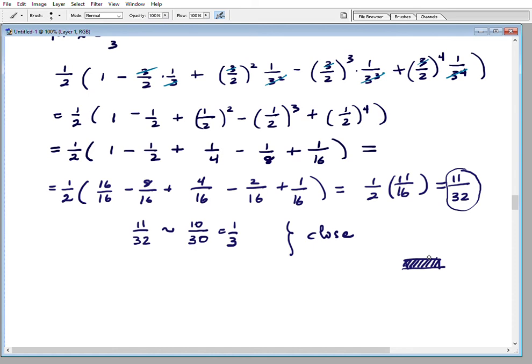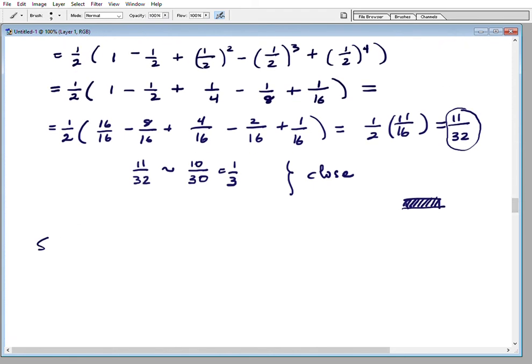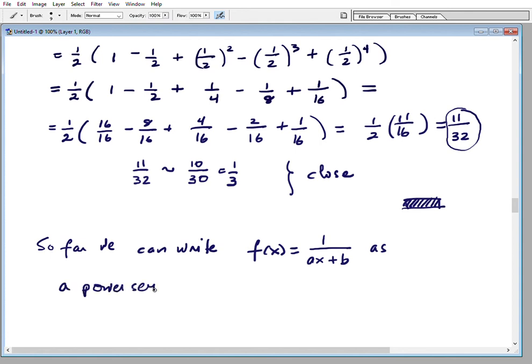So far we can get functions of this form. So far we can write f of x equal to 1 over, let's say, ax plus b as a power series, that converges within, not everywhere, converging within an interval.